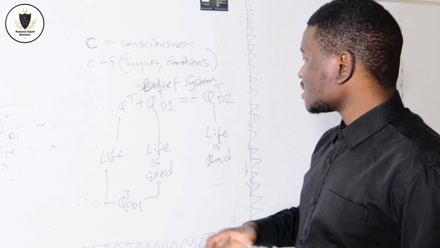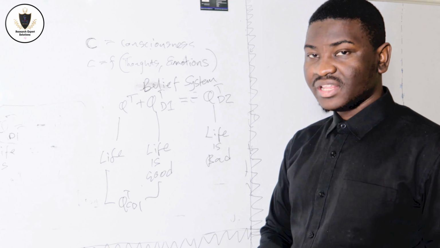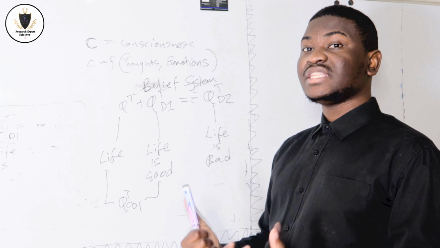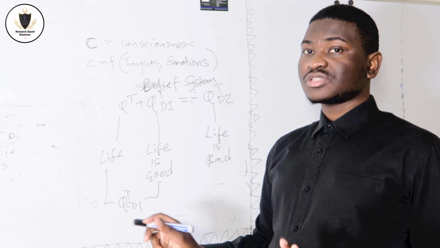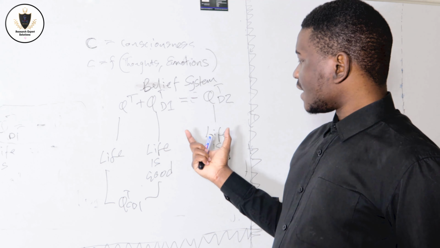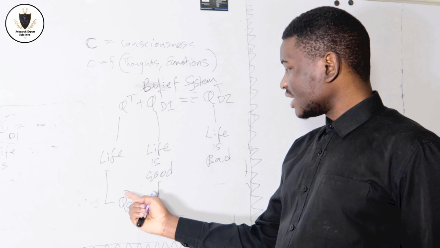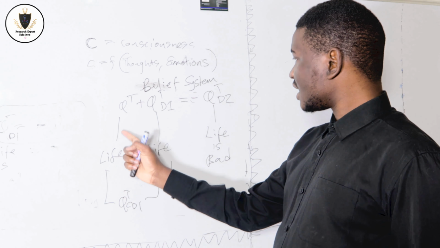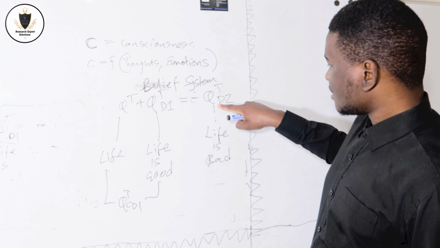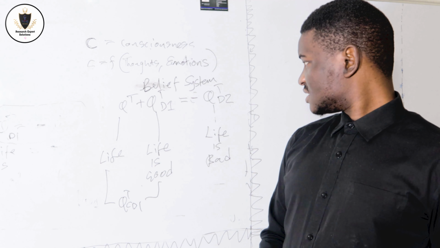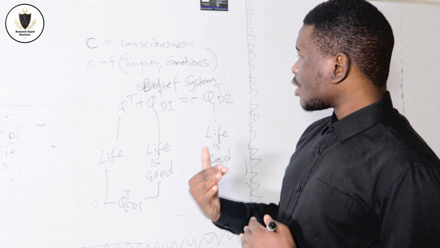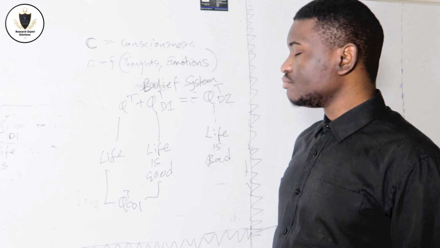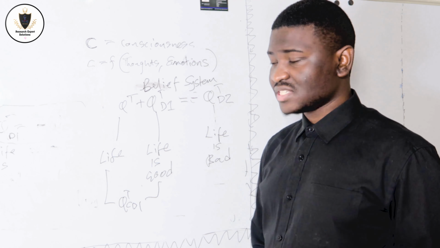So, for this particular individual, we can say their belief system is associated with the idea that life is good, and they don't associate their perspective about life with the idea that life is bad. Okay, so that's basically a way to show how we actually come up with these belief systems.